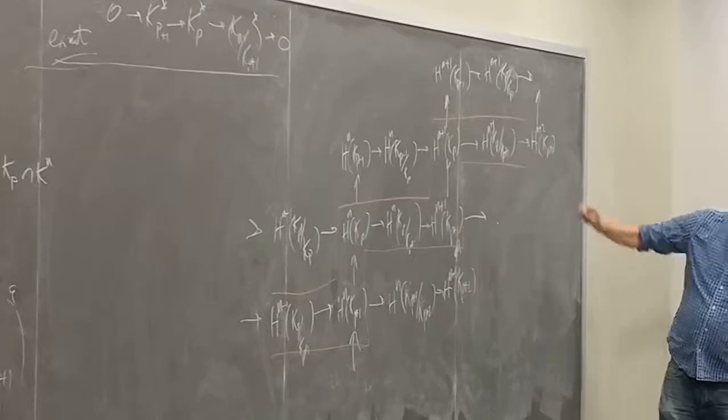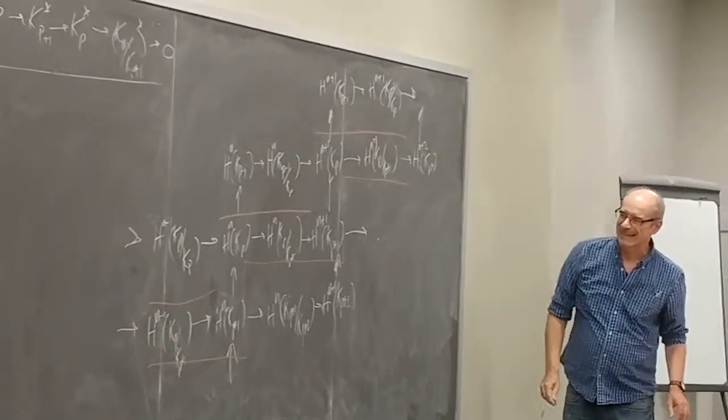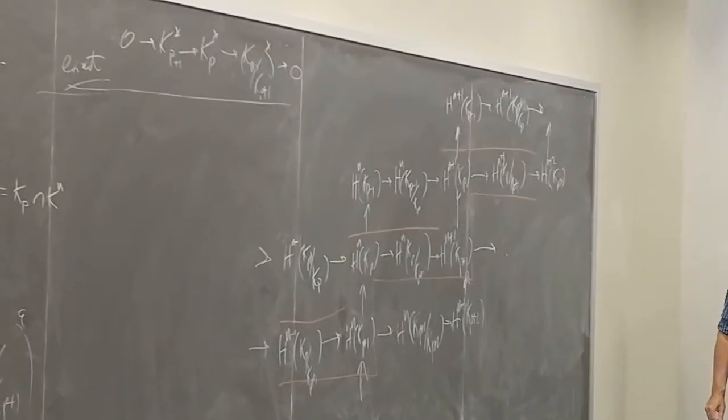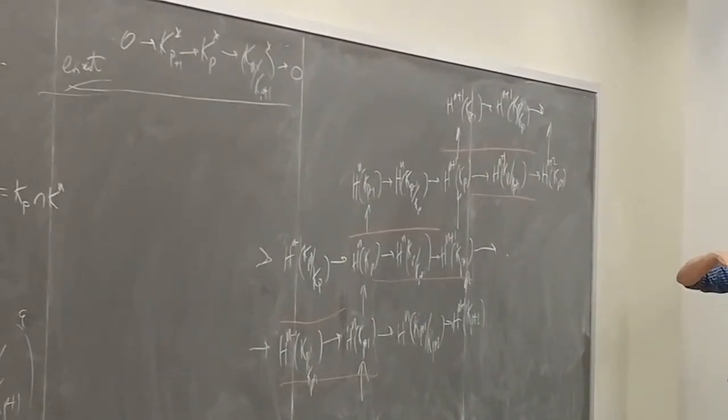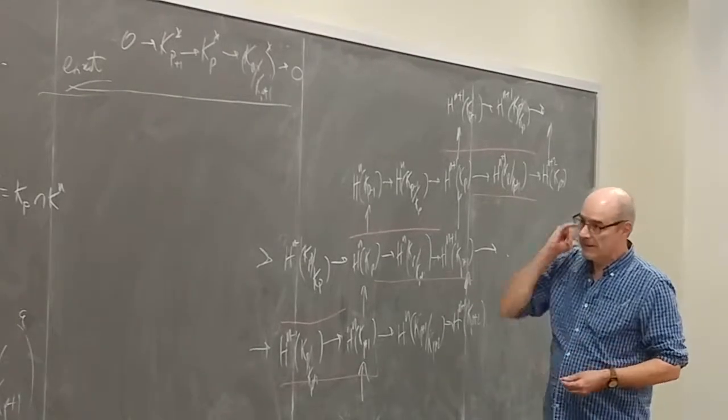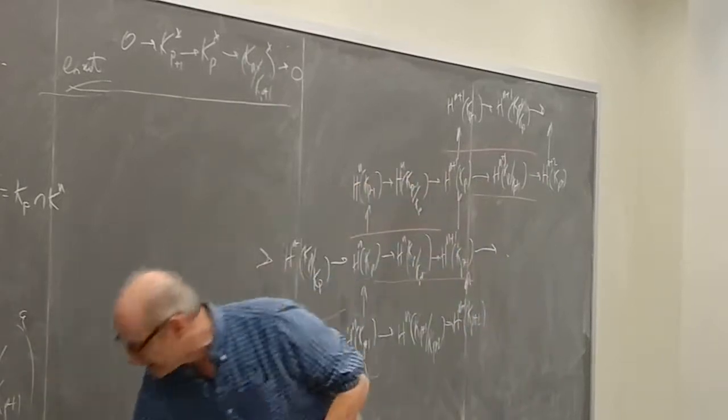Right, so that red indicates the long exact sequence for the P thing, and then I have the P minus first thing above that, and the P plus first thing below that. And so now this is an exact couple.